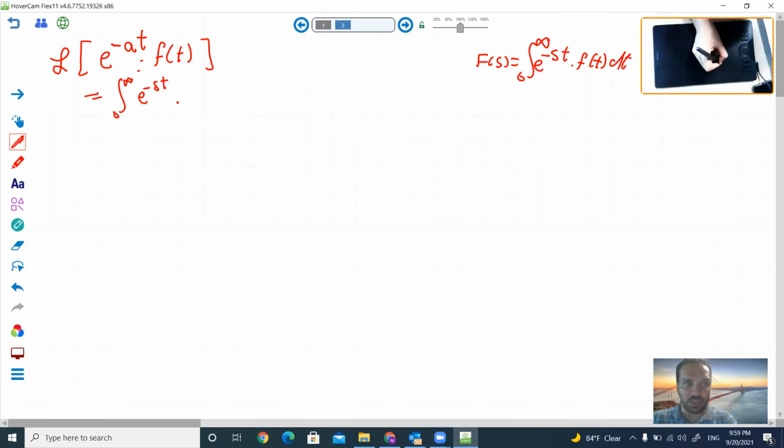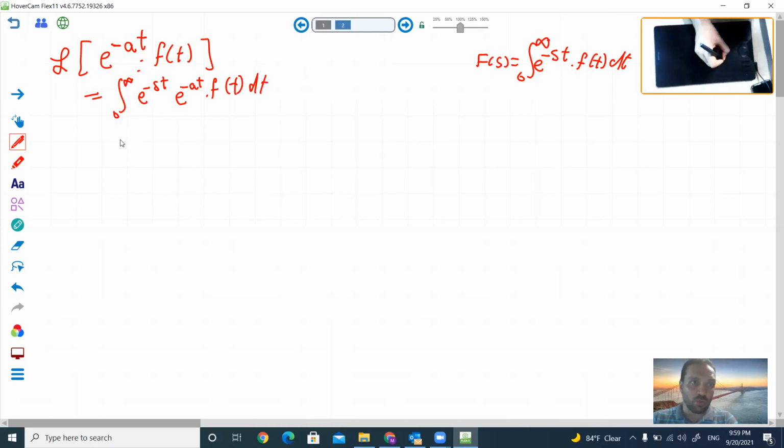Our current f of t is e to the power negative at times f of t. So let's handle this multiplication.